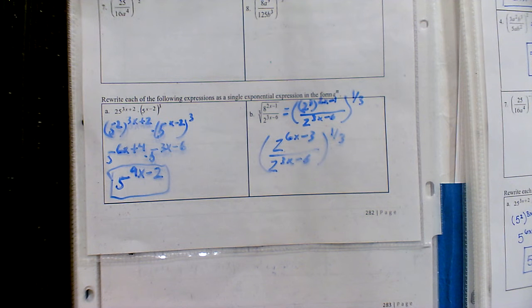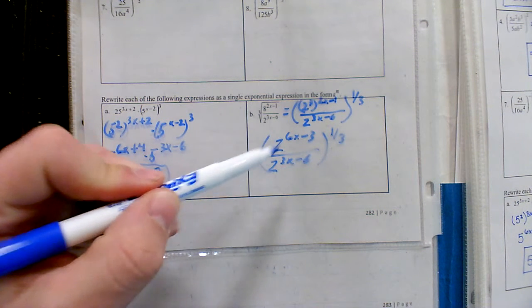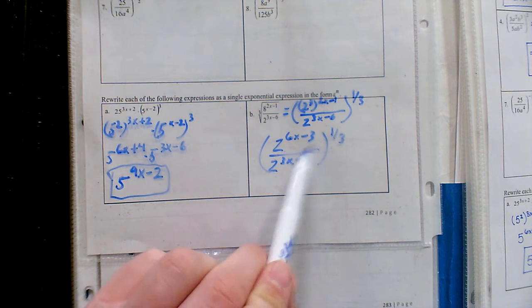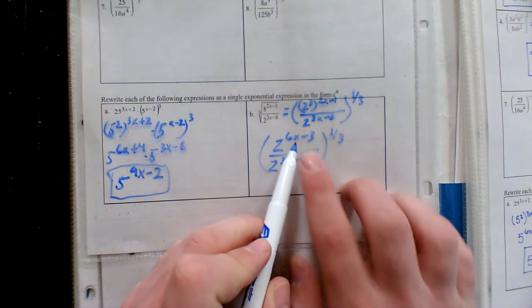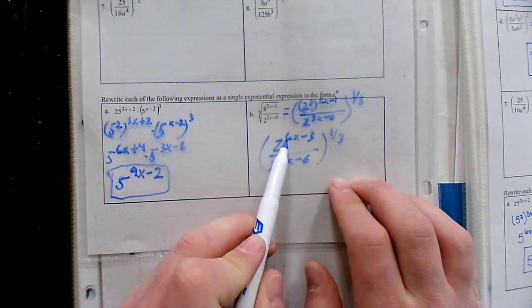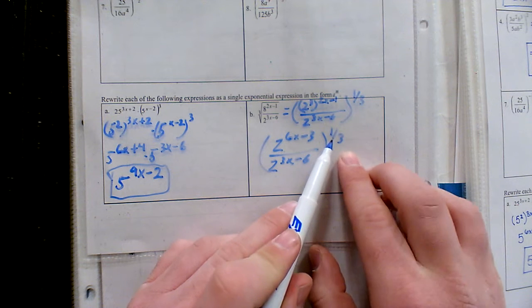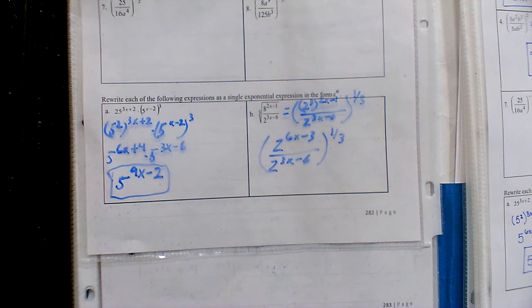Or what could be a possible next step? Okay, I could subtract these exponents because I have like bases and then take care of the 1/3. Or I could take care of this 1/3 first, and then whatever I have left, then I could subtract. So I'm going to go ahead and take care of the 1/3 first, because I have 6's and 3's and 6's and 3's, and with a 1/3, something's most likely going to cancel out and make it easier.